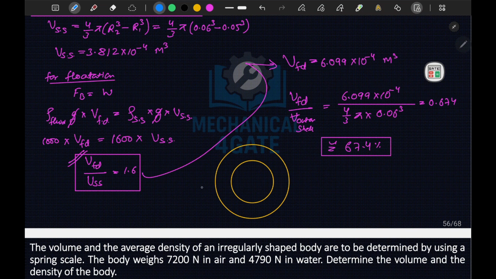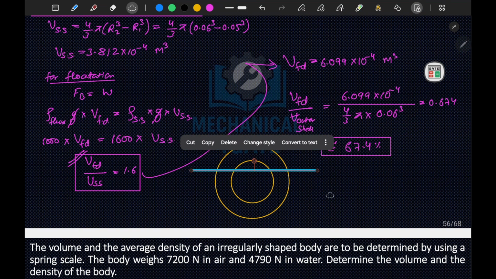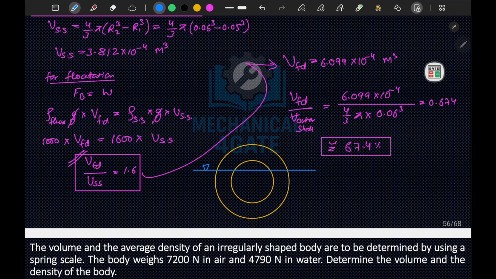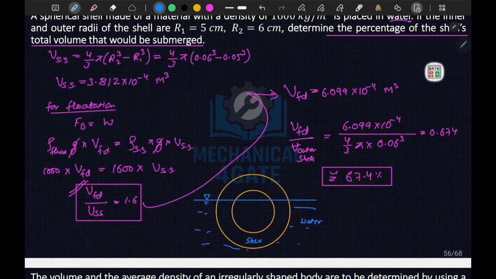This line will indicate your 50% location, and as it moves upward, at some point we obtain 67.4%. This will be the free surface of the liquid, and it will be something like this. This is your shell and this is your water. I hope you get this point now.